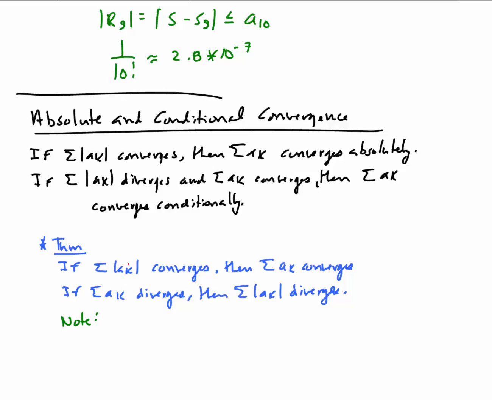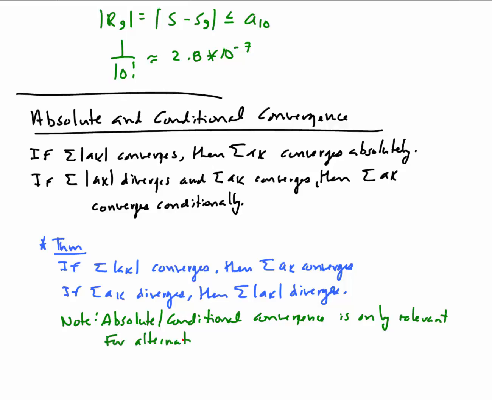Now there's a couple of other things that we can say here. Absolute or conditional convergence is only relevant for alternating or mixed sign series. Now the mixed sign series that I'm referring to here are the positive, positive, negative, negative ones that don't alternate every single term.